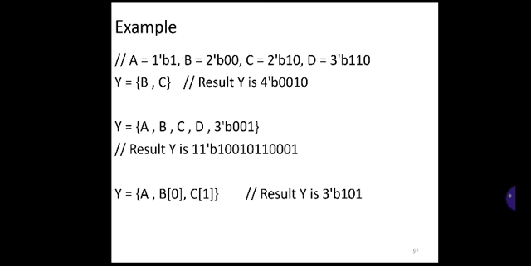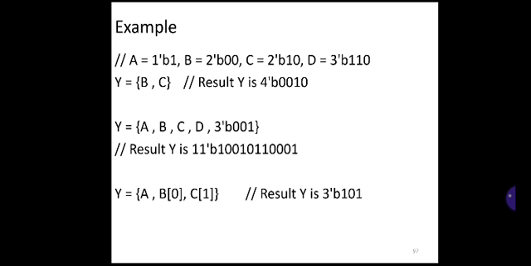And C[1]: C is also of size 2, with the 0th bit and the first bit, and the first bit is taken here. A's size is 1. B[0] is only one bit taken out of the 2 bits, so it is also 1 bit. C[1] is also 1 bit. So 1 plus 1 plus 1, the size of Y is 3.